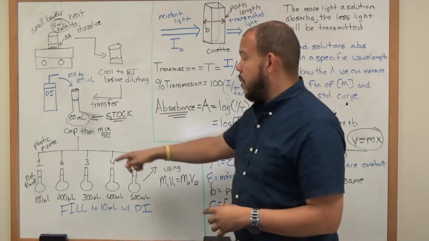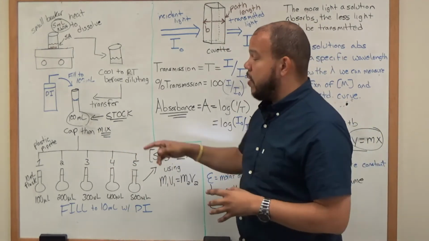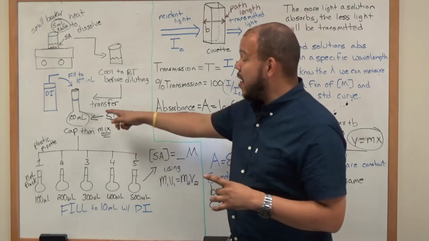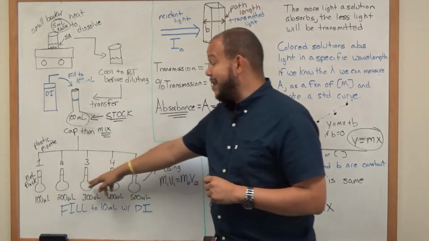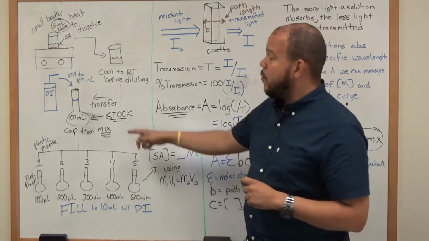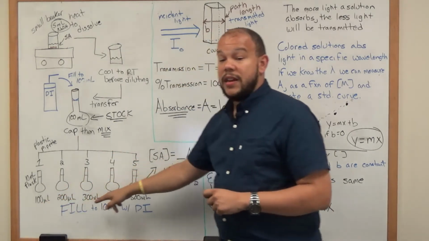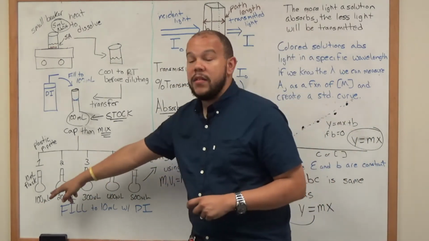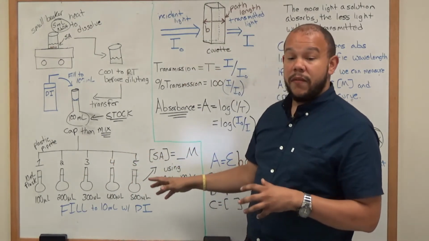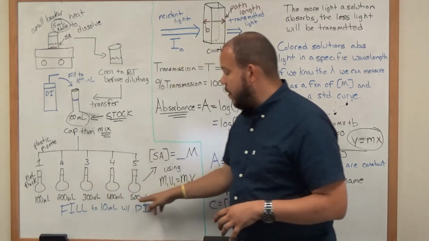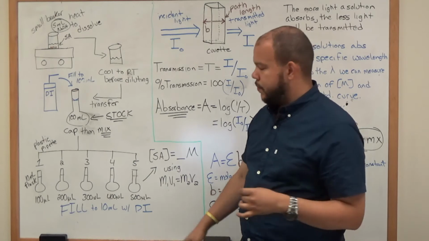So what we have to do is separate this into 5 different concentrations, and the lab procedure spells it out pretty straightforwardly: now we're going to move to a smaller volumetric flask. We're going to take 10 mL volumetric flasks, and we're going to take from our stock a particular volume and transfer these amounts into each one of the 5 volumetric flasks, from 100 all the way to 500 microliters, and we have pipettes to do that.